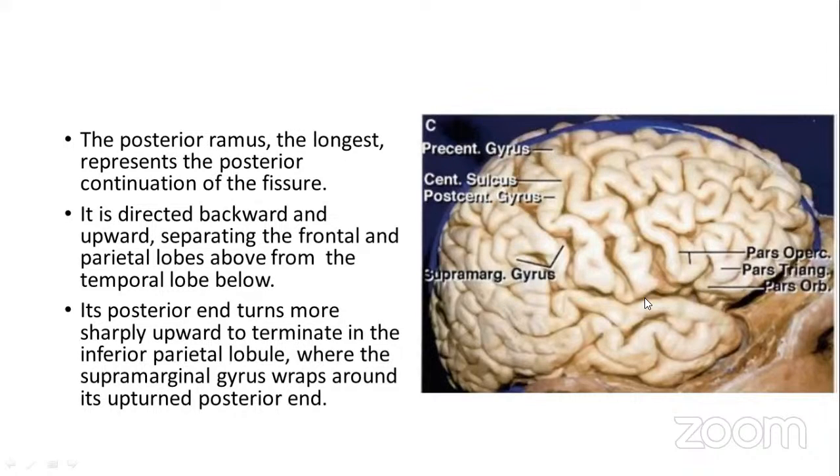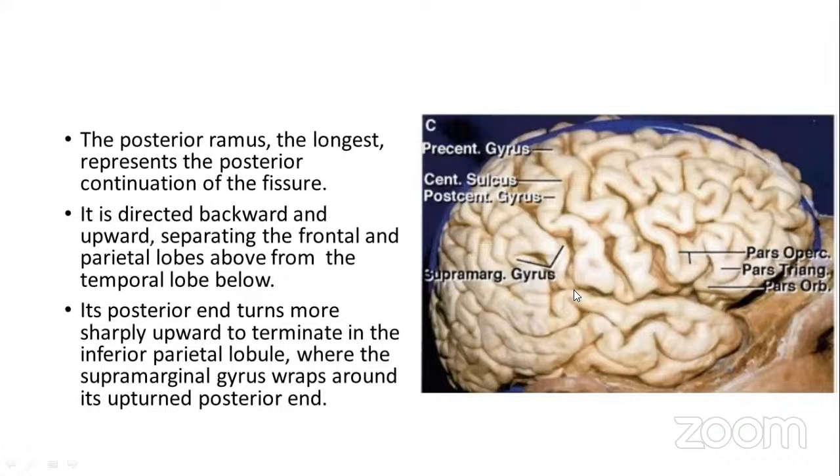Regarding the posterior ramus, it is the longest ramus that is the continuation of the Sylvian fissure. It is directed backward and upward, separating the frontal lobe anteriorly. Here we have the central sulcus. Anterior to this we have the whole frontal lobe, and posterior to this we have the parietal lobe. So the posterior ramus is basically separating the frontal and parietal from the temporal lobes.